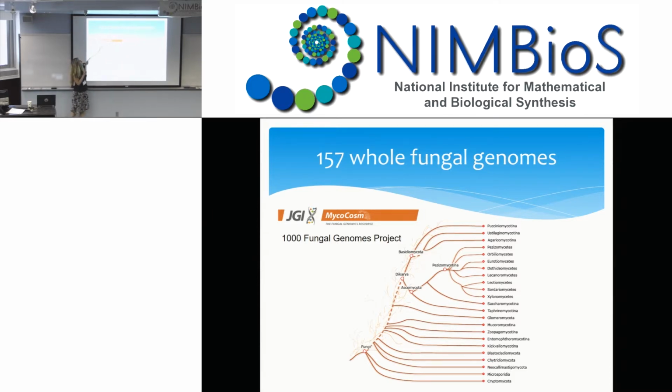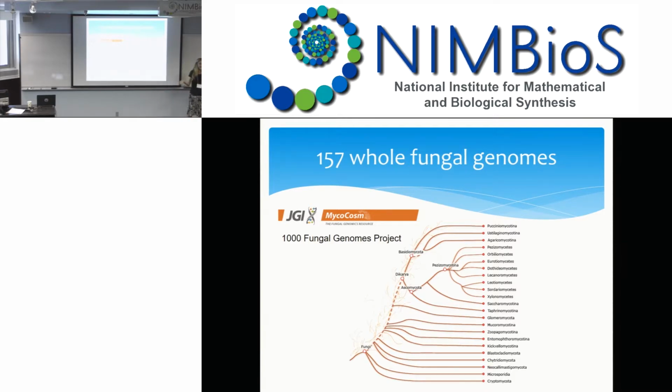JGI is in the middle of a large community project called the 1,000 Fungal Genomes Project. They're sequencing fungal genomes from across the whole phylogenetic tree of fungi. This is an incredible resource. When I first started doing this analysis, at the time there were 157 whole fungal genomes published.